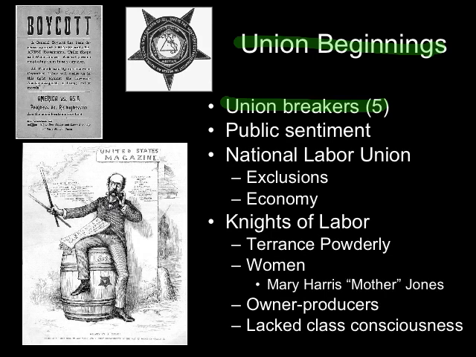The biggest weapon the workers had, the biggest weapon the union had, was a strike. You could shut down the factory here. You could shut down the goods from being produced, and the owner doesn't make any money. So to fight the strike, the number one union breaker is a scab, S-C-A-B, scab.